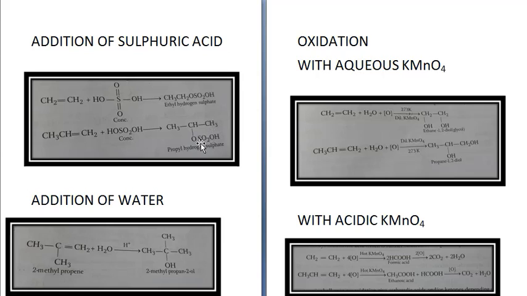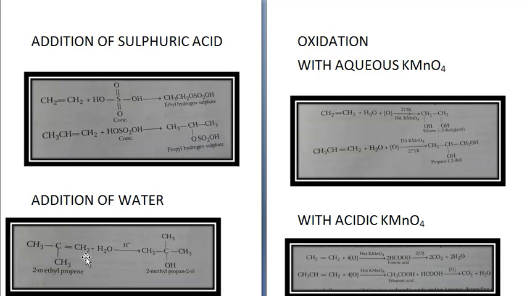Next is addition of water. Suppose you take 2-methylpropene, (CH3)2C=CH2, plus water. The negative part will go to this carbon and the positive part will come to CH2.